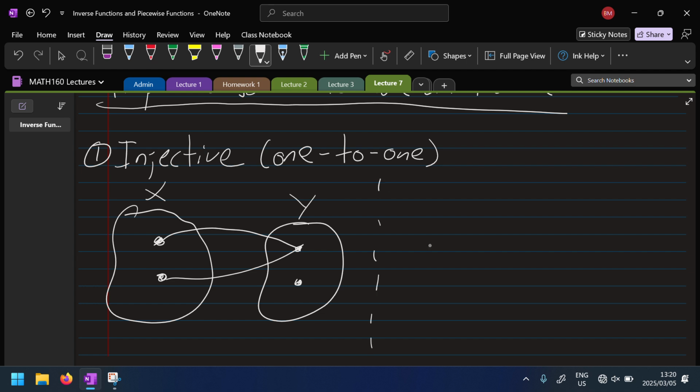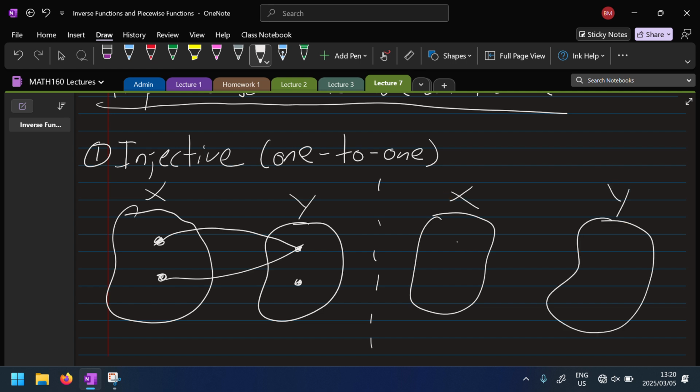On the other hand, if we have something like this, x and y, we've got two elements for x, two elements for y. That one goes there, that one goes there. This is one to one because we have one element from x going to one element in y. So again, this first one is a non-example because this is two to one.